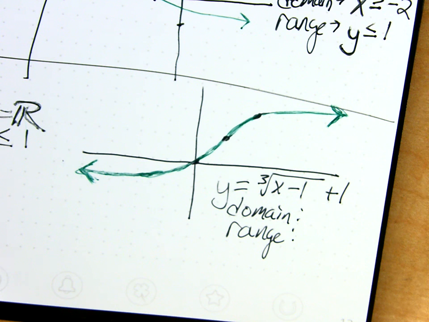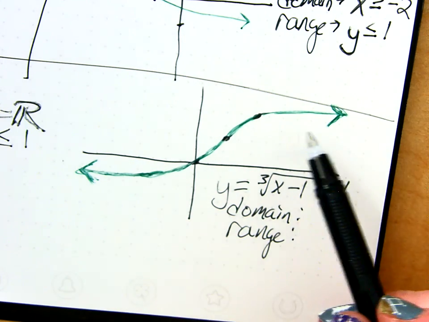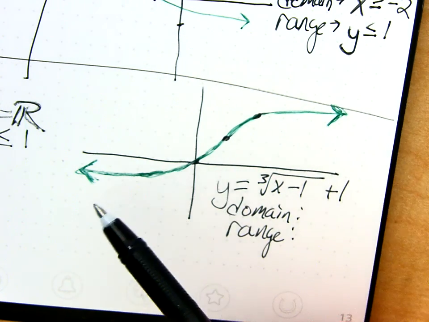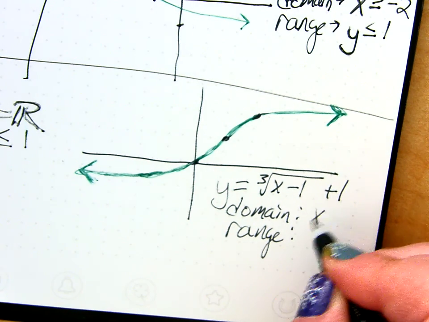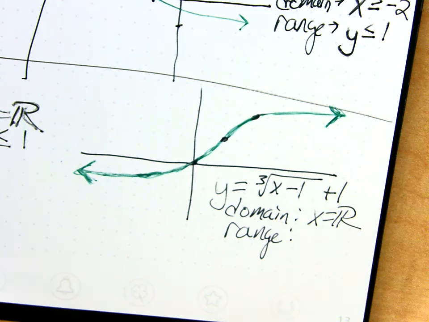Okay, what do we think the domain is? Anybody have a guess? Yeah, it's all reals. These ends of the graph go on forever, so they are going to cover every single x value ever. What about the range?